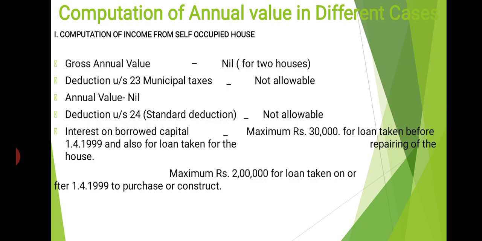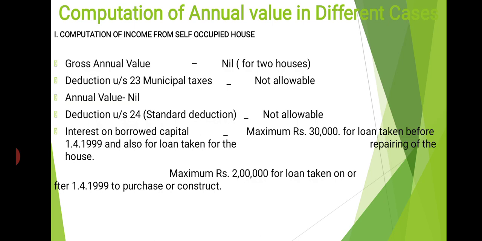When the house is self-occupied, what will be the annual value? Please listen carefully. First one, that is gross annual value. When the house is self-occupied, gross annual value will be nil, for any two houses. Then from this gross annual value, we have deduction under section 23.